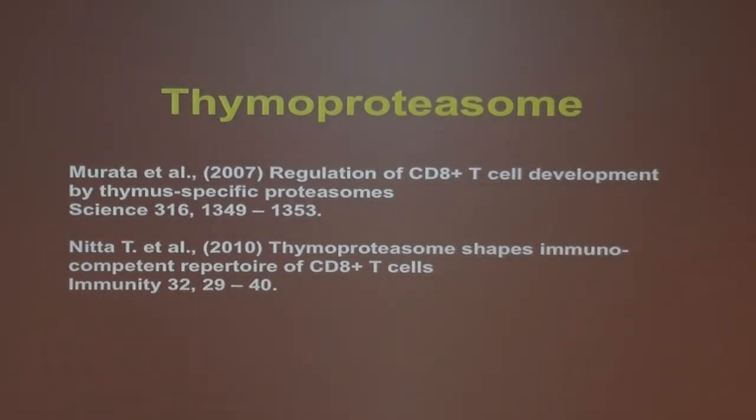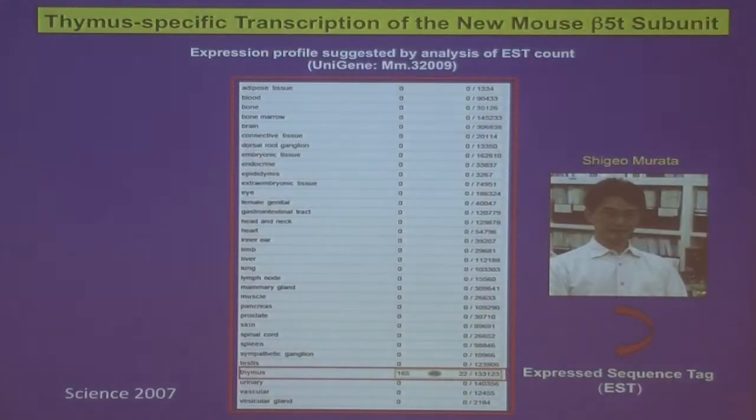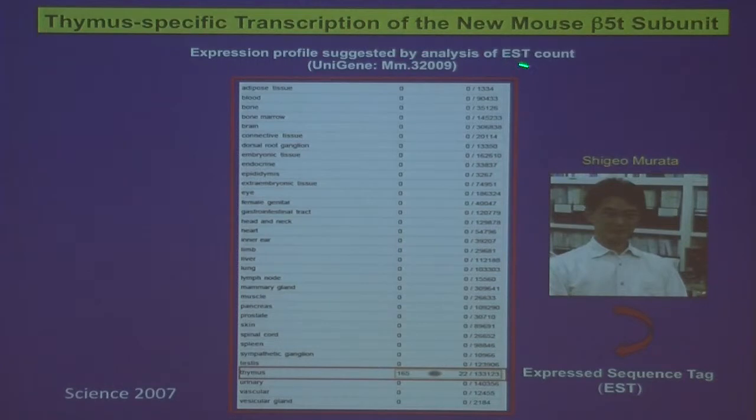Recently, we also found another type of immunoproteasome. We named it the thymoproteasome. Searching in the EST, which is cDNA information, in 2007, a student, Shigeo Murata, found an unrecognized new subunit that was expressed largely only in the thymus.